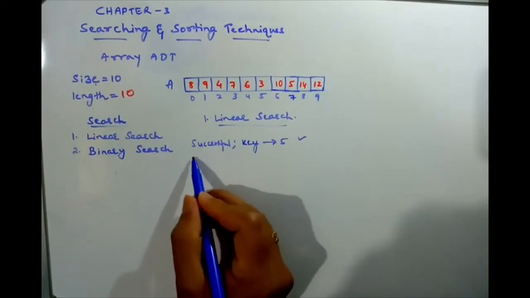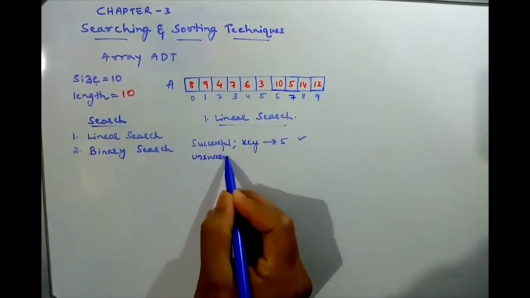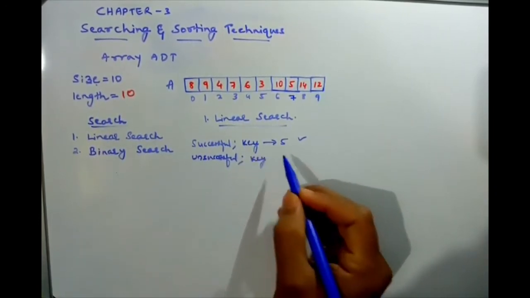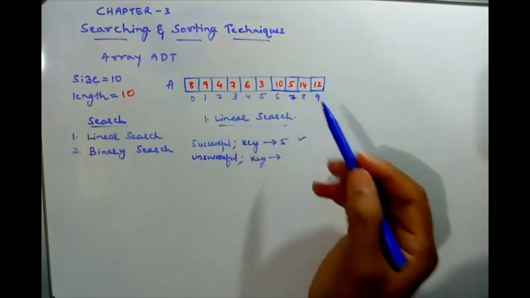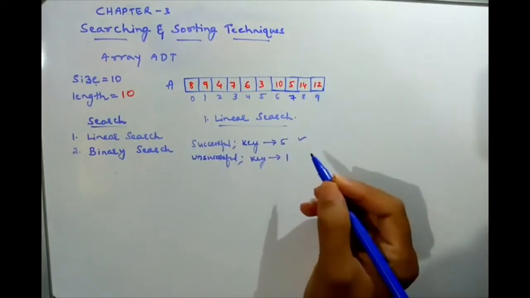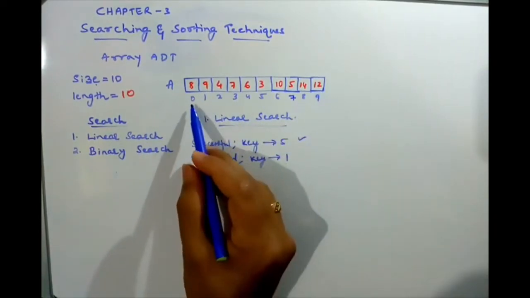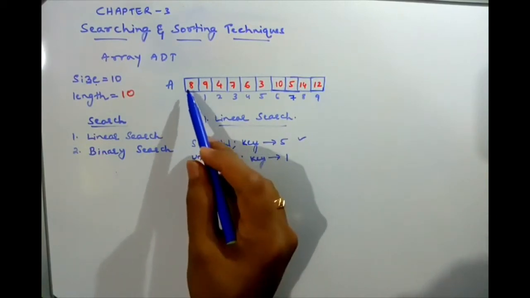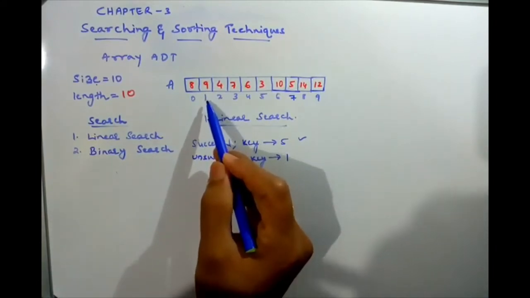Now we'll also see an unsuccessful search. For example, we try to find a key which is not there in this array. For example, I'll take 1, which is not there, but your program will again start to search from a of 0. A of 0, is it equal to 1? No. Then it increments. A of 1, is it equal to 1?